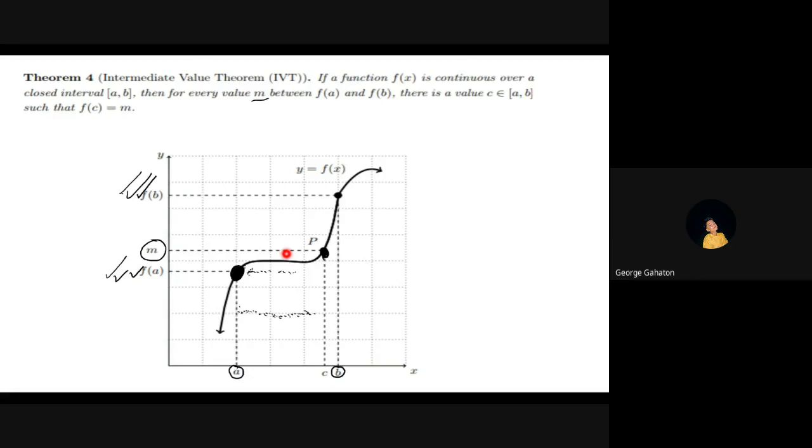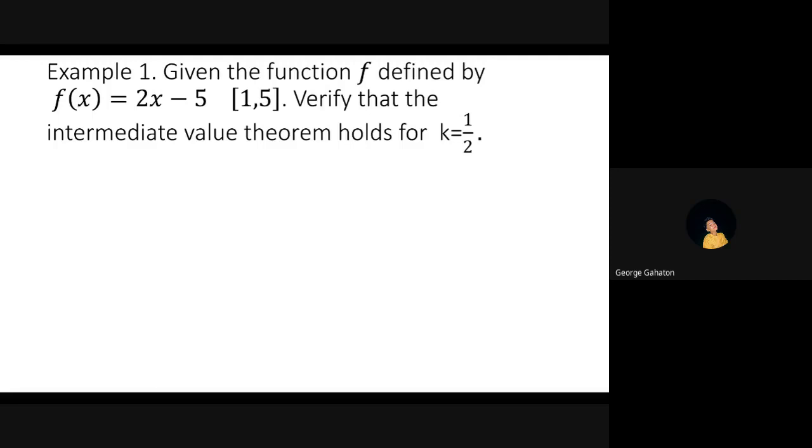What is meant by this illustration? Let's take a look at this one. Given that the function defined by f of x is equal to 2x minus 5 in the closed interval, let us verify that the intermediate value theorem holds for k is equal to 1/2.